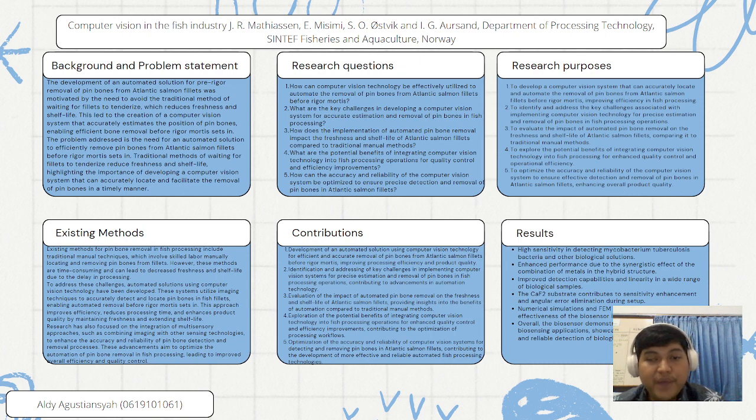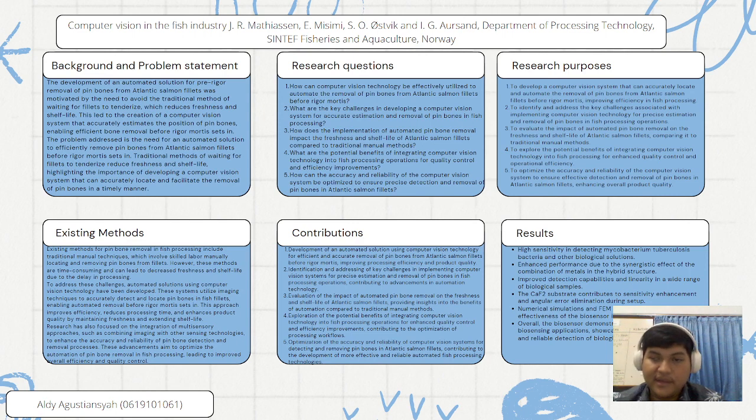Evaluation of the impact of automated pin bone removal on the freshness and shelf life of Atlantic salmon fillets. 4. Exploration of potential benefits of integrating computer vision technology in fish processing operations. 5. Optimization of the accuracy and reliability of the computer vision system for detecting and removing pin bones in Atlantic salmon fillets.